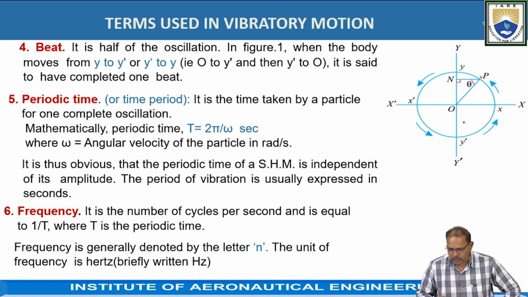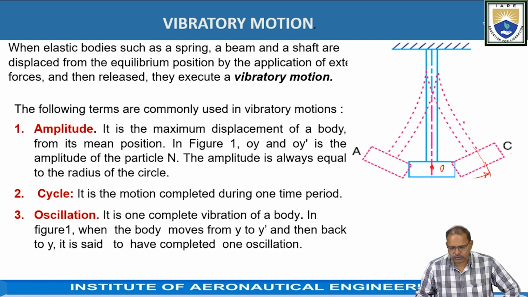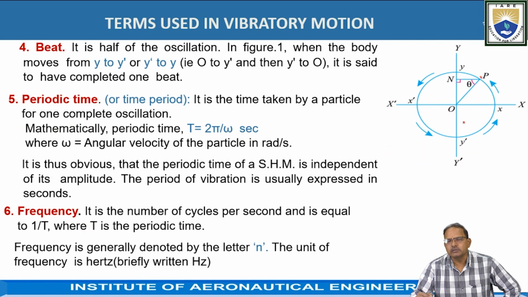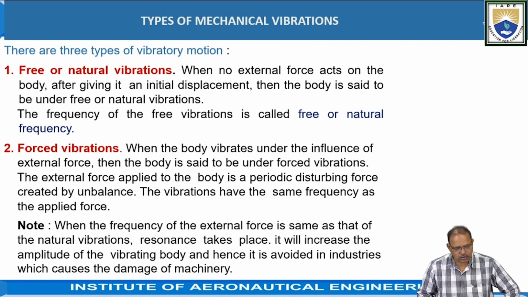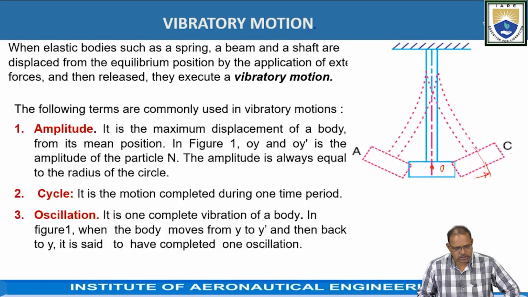First, the amplitude is treated as the maximum displacement of the body from its mean position. According to this figure, the end point is having simple harmonic motion, and for the maximum displacement we need to consider the Y position or Y dash position. That means the maximum amplitude is equal to the radius of the circle according to figure 1. The second one is cycle.